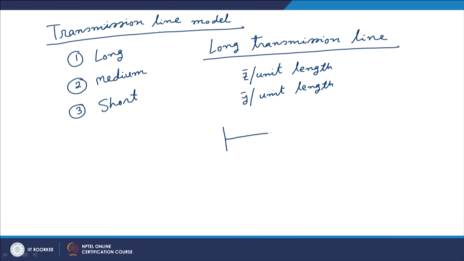model. So, if I have a long transmission line connected between bus I and bus J, then this long transmission line can be represented as an equivalent pi model like this.